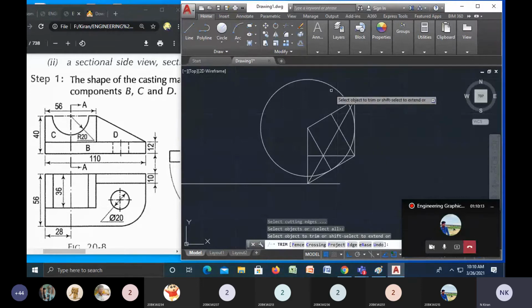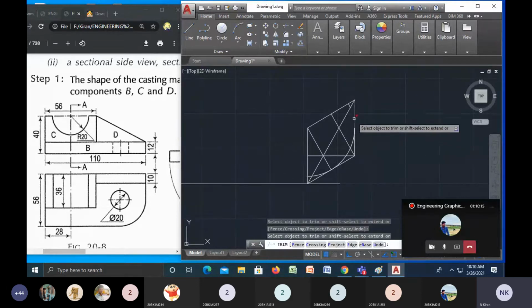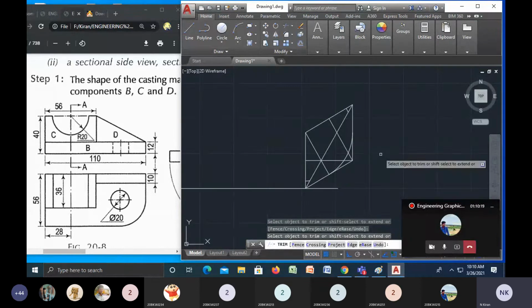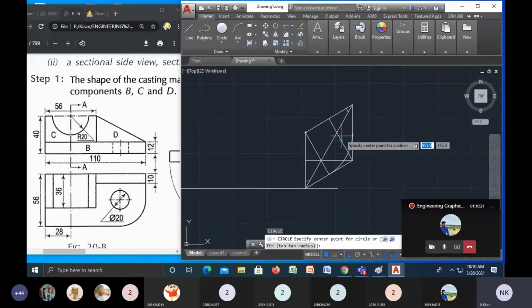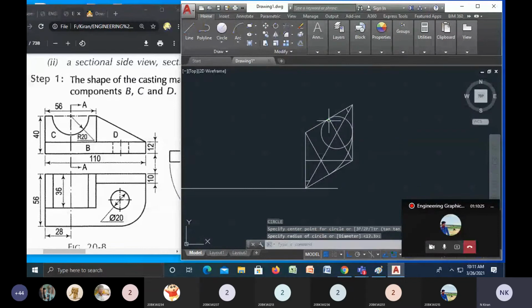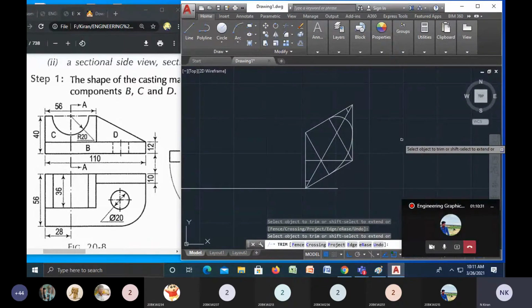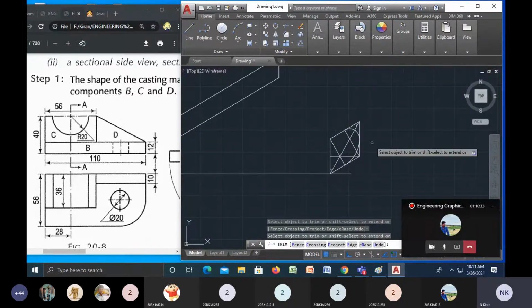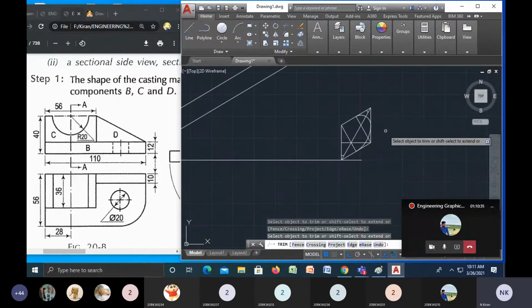TR double enter. Right. This curve, and again C enter. From here to here. TR double enter. Okay, clear. This curve, I think this one also no need.